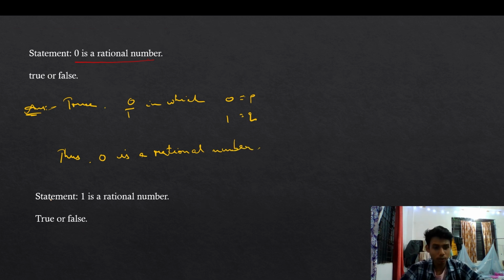Number. Now the second statement: 1 is a rational number. Is it true or is it false?